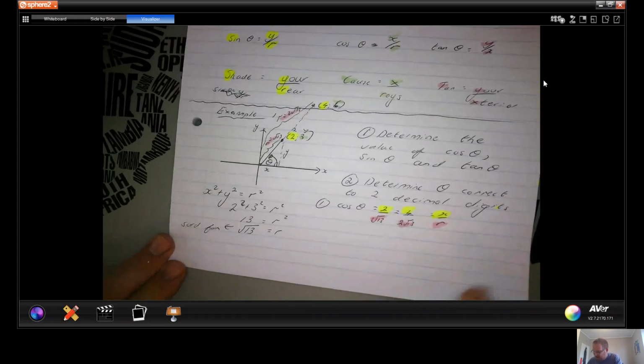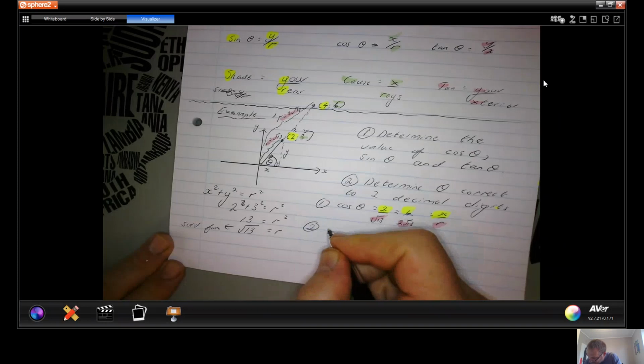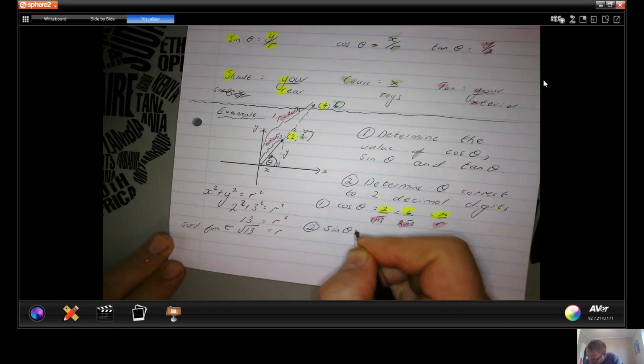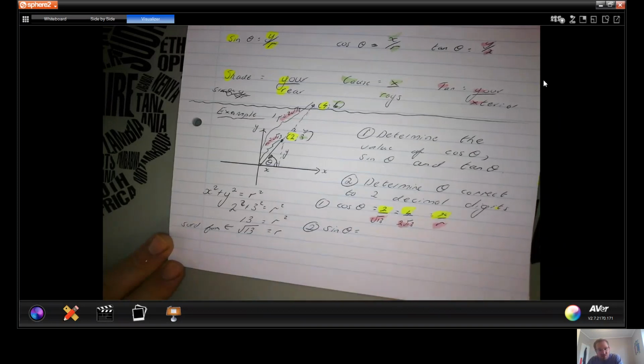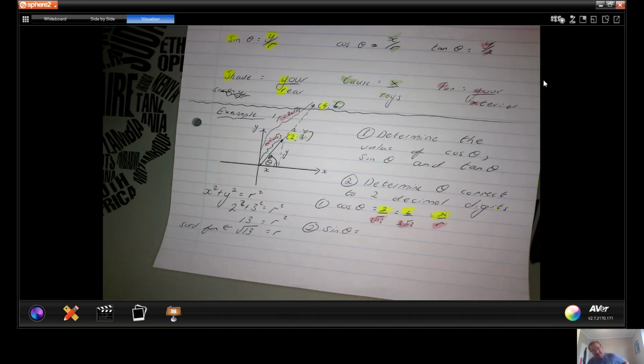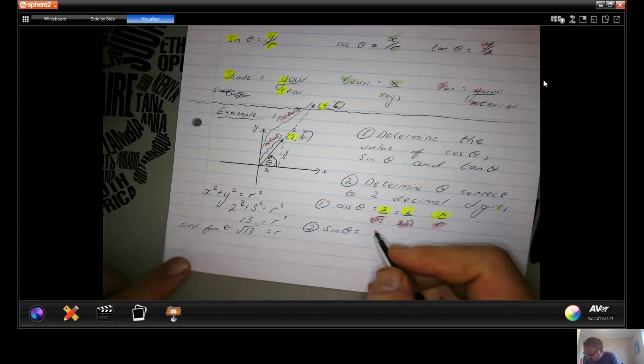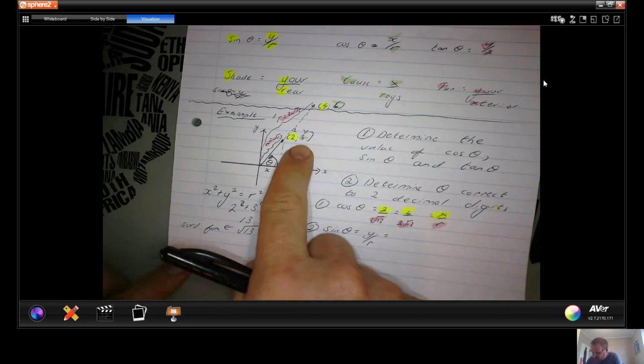Then if I said to you, for this particular diagram, what's the value of sine theta? Well, for that angle, sine is the ratio of the y coordinate over the radius. So what's your y coordinate?